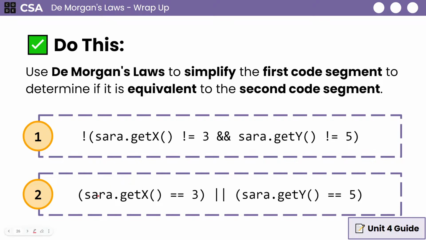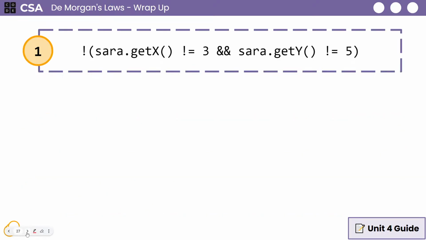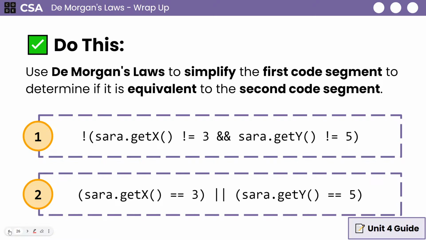Simplify them and see if they are equivalent. It's a good way to check for stuff. And so, hopefully that's helpful. Actually, go ahead and pause here if you are working on it. Make sure you can get this before you go and check the answer.